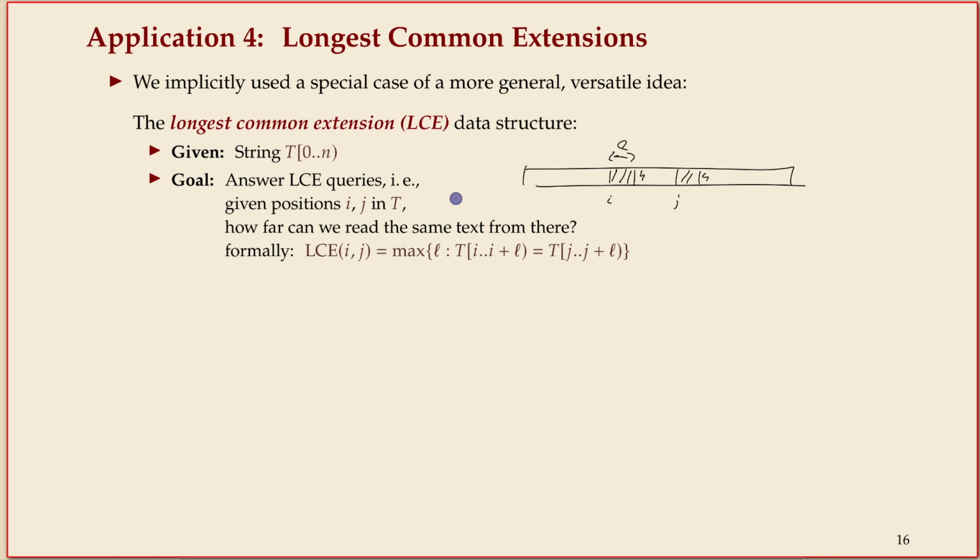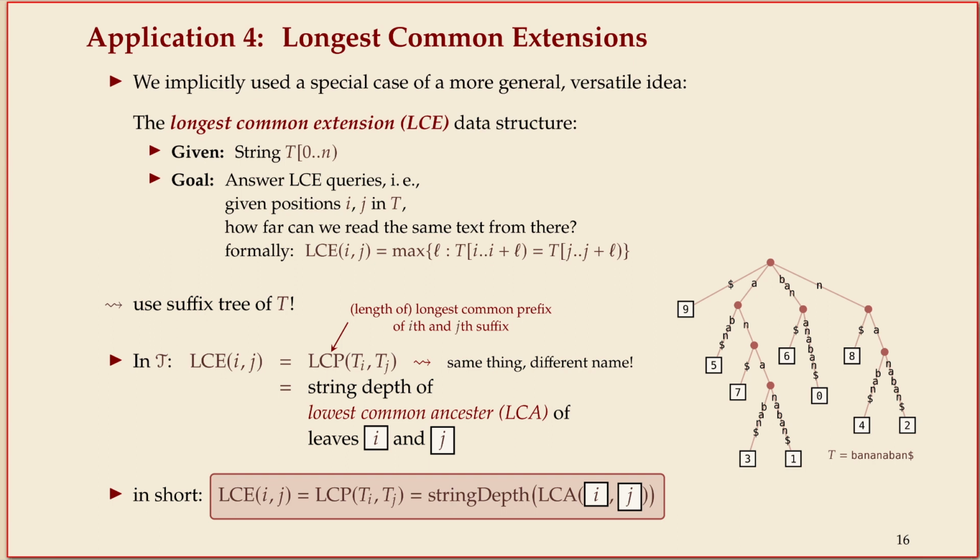And you see how this is connected to what we've done before in terms of the longest common prefix of suffixes. Indeed, it's the very same thing. If I ask for the longest common extension at two positions, I could also say I ask for the suffixes starting at these two positions and how many characters they have in common. So that's really just a different name for the same thing.